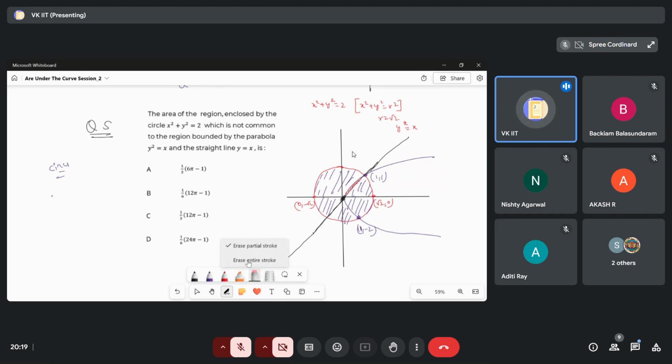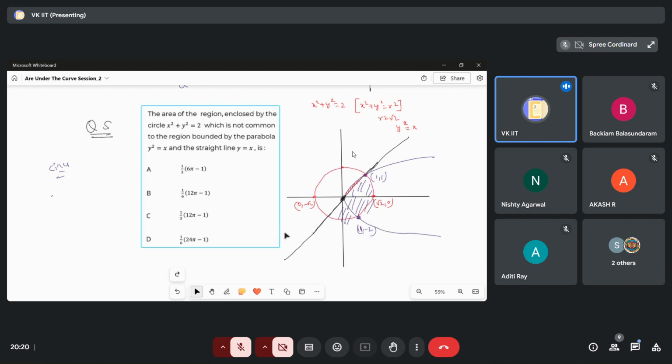I think the required area will be... Let me rub this part.